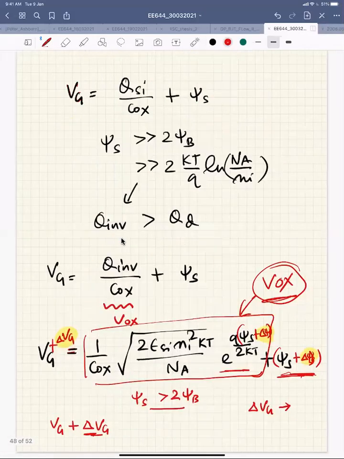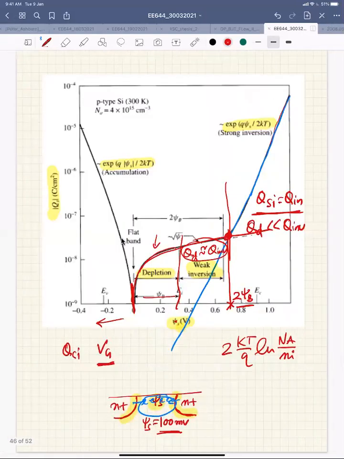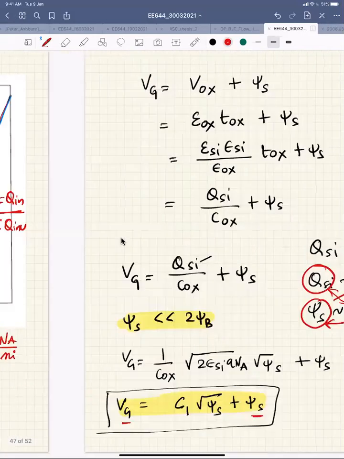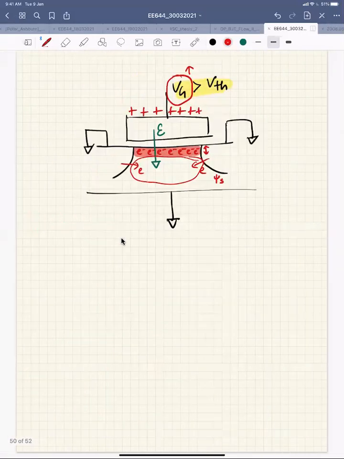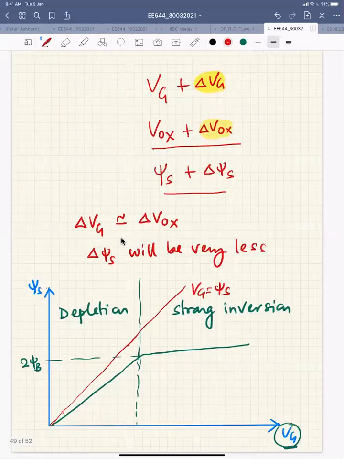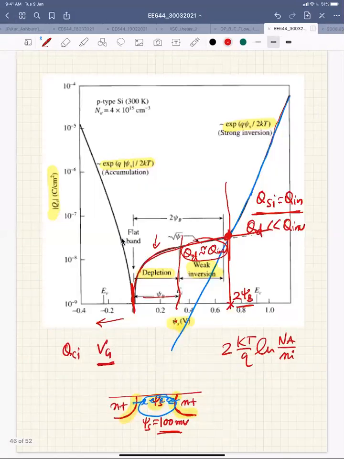So if you see here, after inversion, your number of electrons increases exponentially. This plot is good actually. So after inversion, your charge in the silicon, your Qs, is increasing exponentially, right?